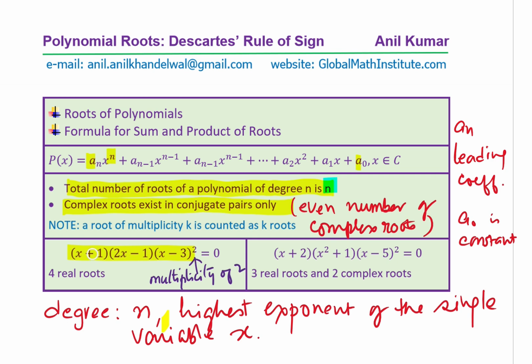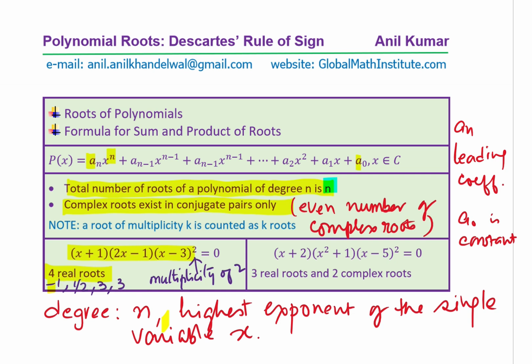So we have 1 plus 1 plus 2. In all, we have 4, and all 4 are real roots in this case. We have 1 negative root and 3 positive roots. Do you see that? 1 negative root, which is minus 1, and 3 positive roots, which are half, and then we have 3, and we have 3. So these are the 3 positive roots. In all, 4 roots. You see that.